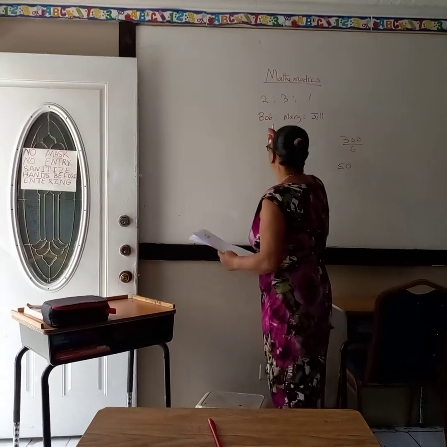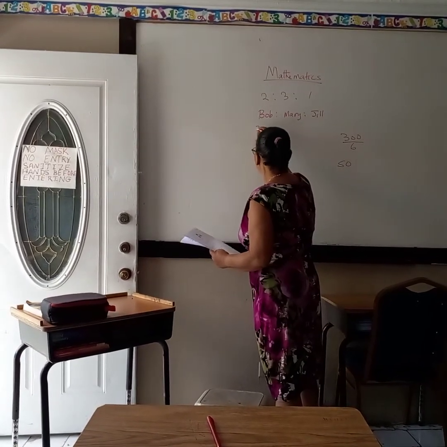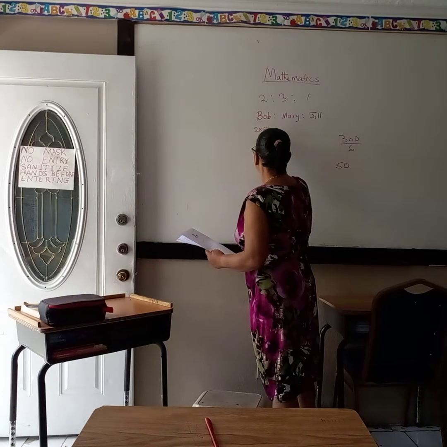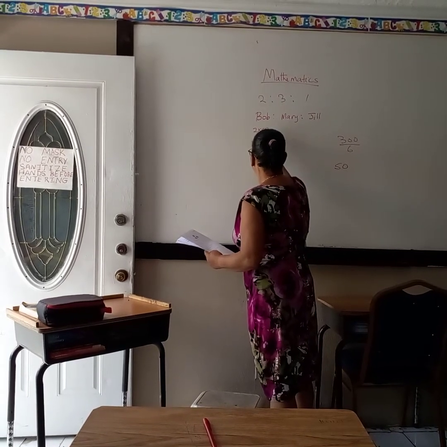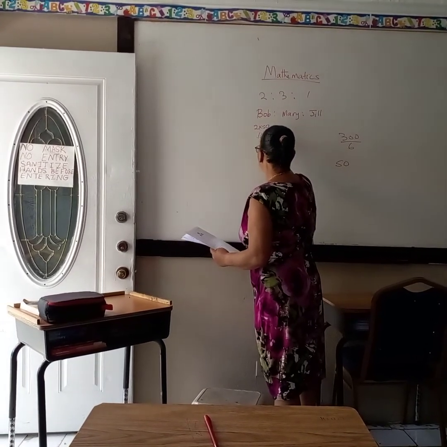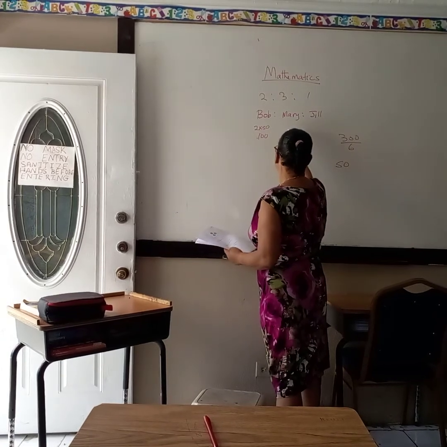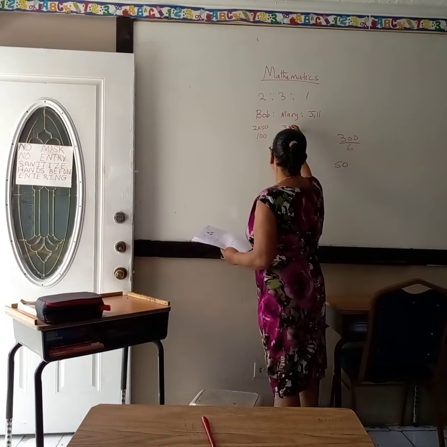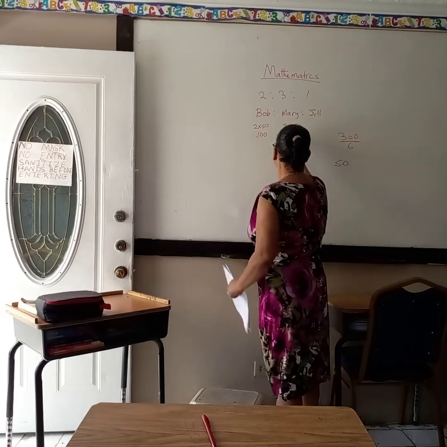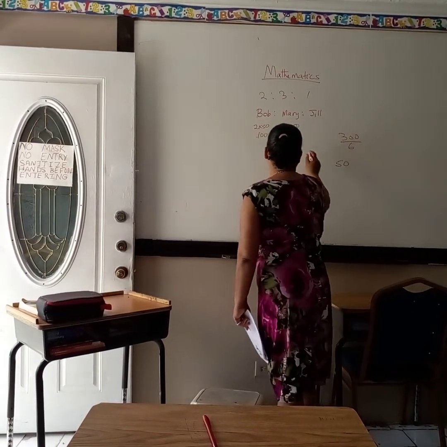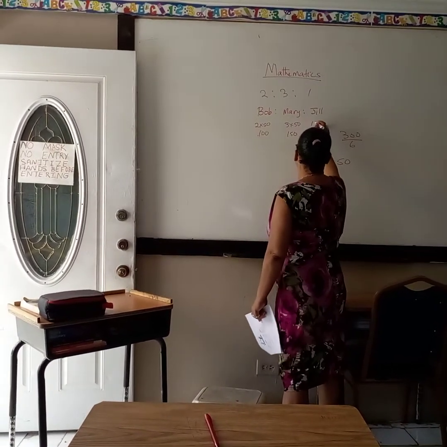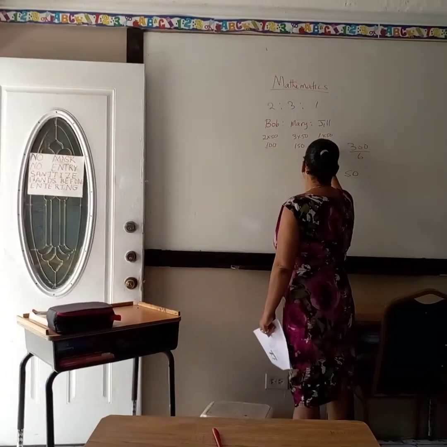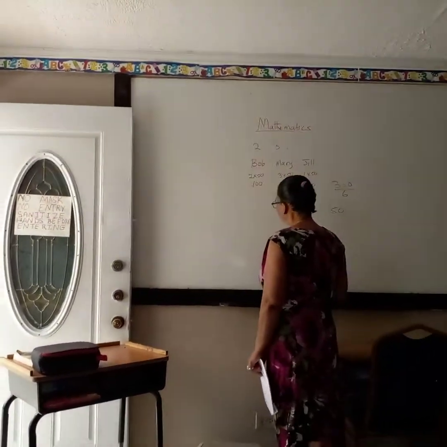And so Bob is going to get 50 times 2, which makes Bob 100. Mary is going to get 3 times 50, which makes Mary 150. And Jill is going to get 1 times 50, which makes Jill 50.